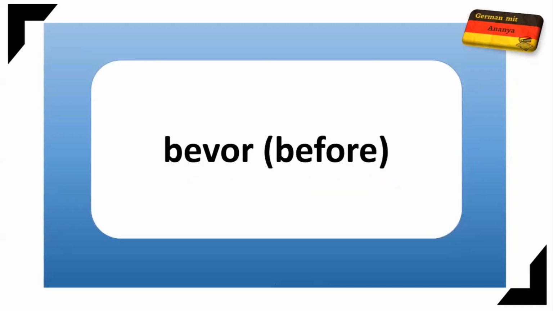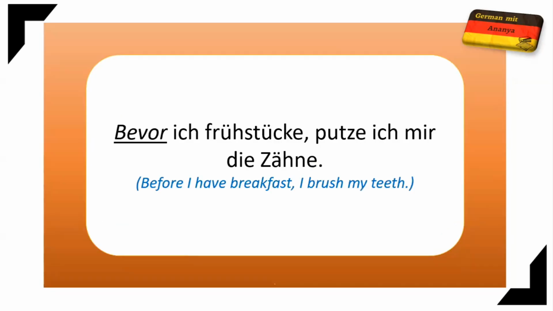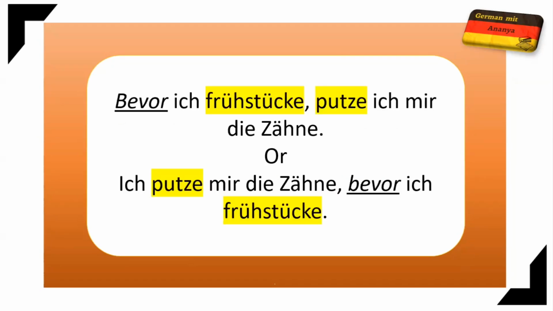Next is bevor, which means before. Bevor ich frühstücke, putze ich mir die Zähne. Before I have breakfast, I brush my teeth. Or ich putze mir die Zähne, bevor ich frühstücke. So you can write like this also.